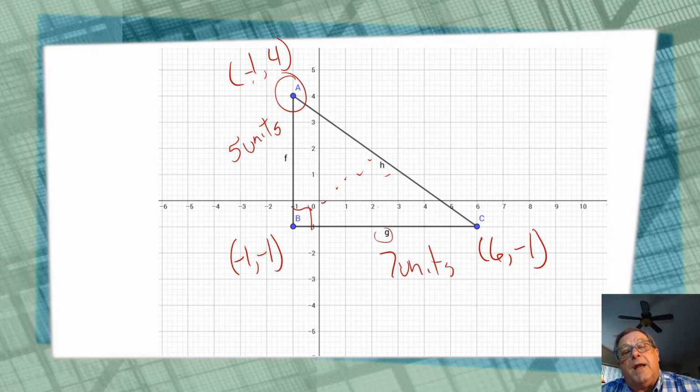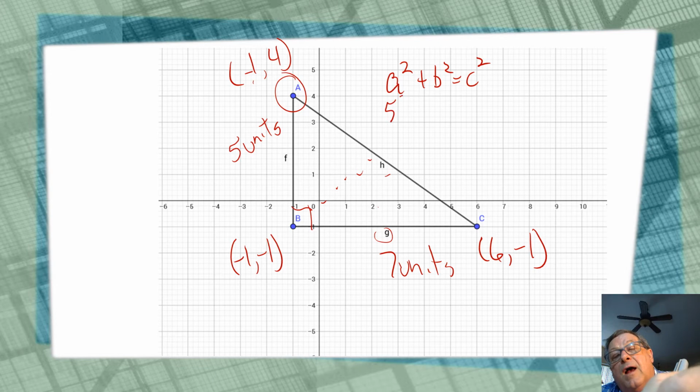Since I know two of the sides, 5 and 7, I'm just going to use Pythagorean, a squared plus b squared equals c squared, where c is the hypotenuse.